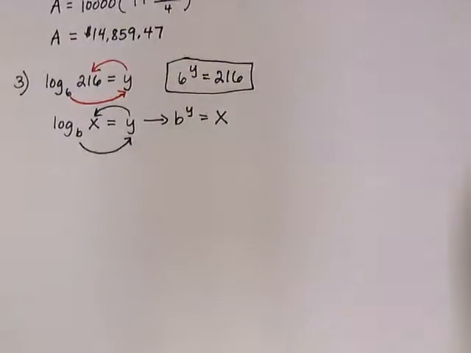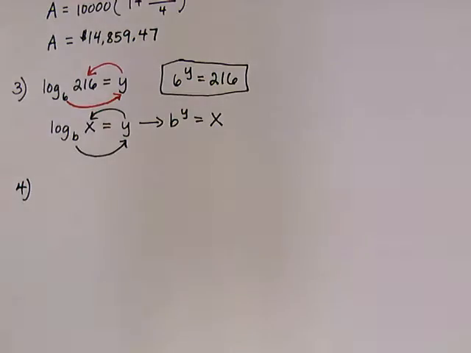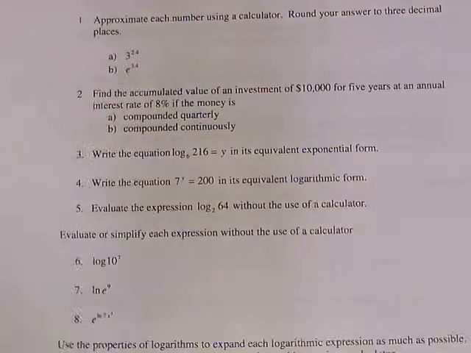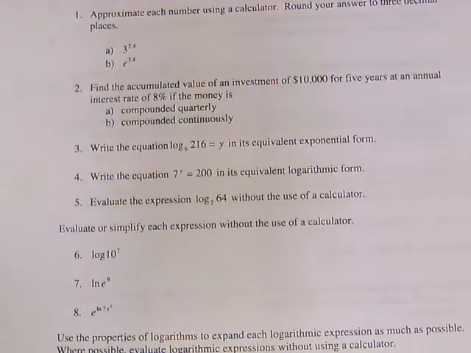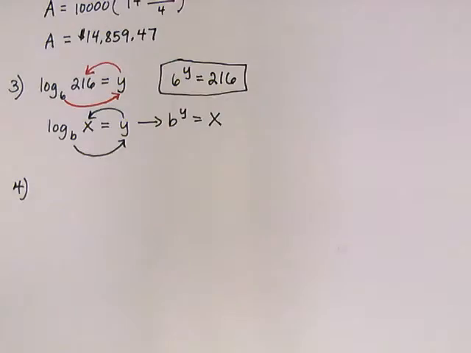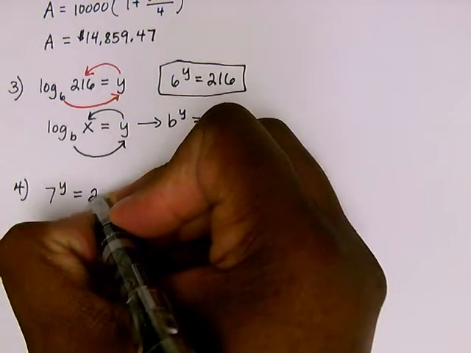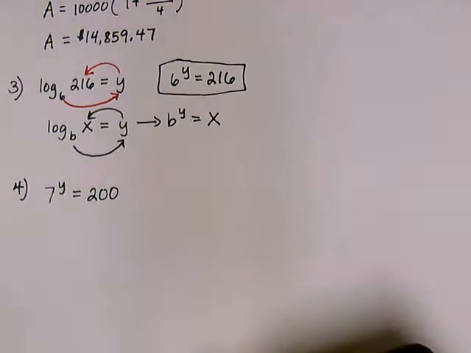So this is your exponential form for this logarithmic equation. All right, problem number 4. In problem number 4, we have to write the equation 7 to the power of y is equal to 200 in its equivalent logarithmic form. So we have 7 to the power of y equaling 200.